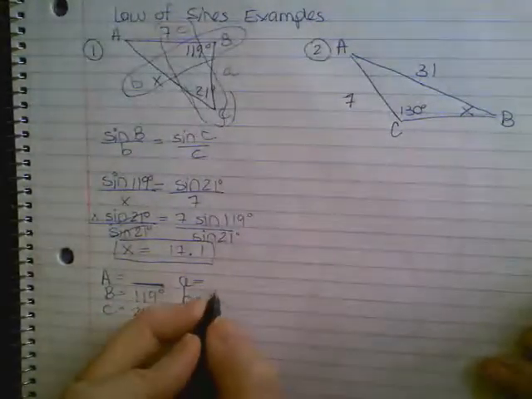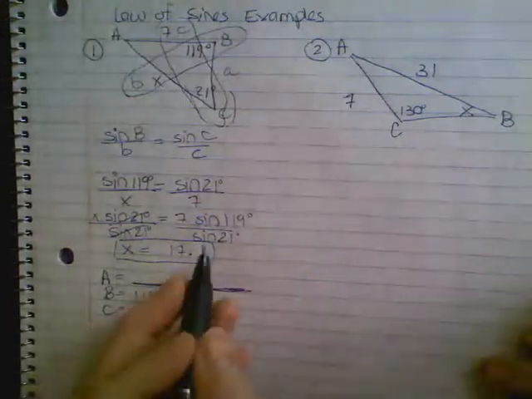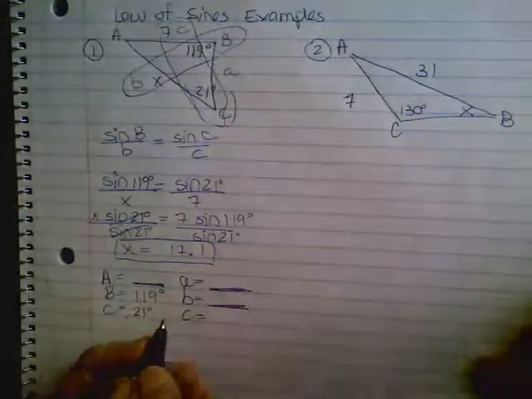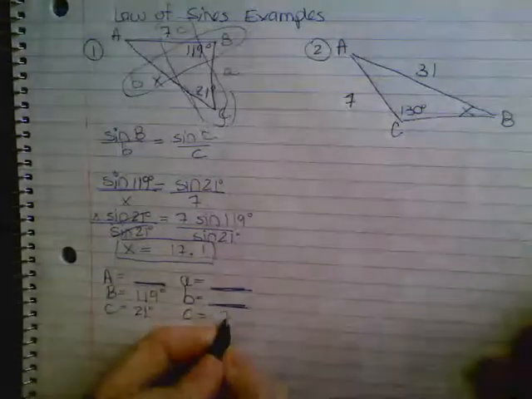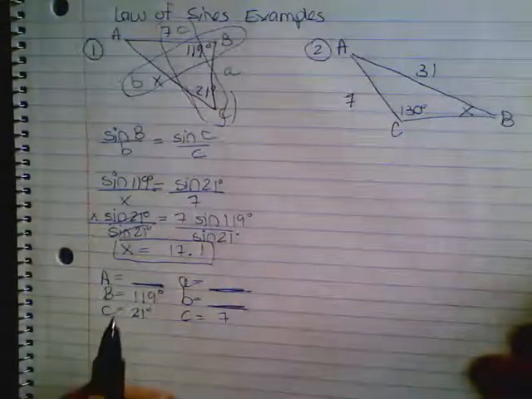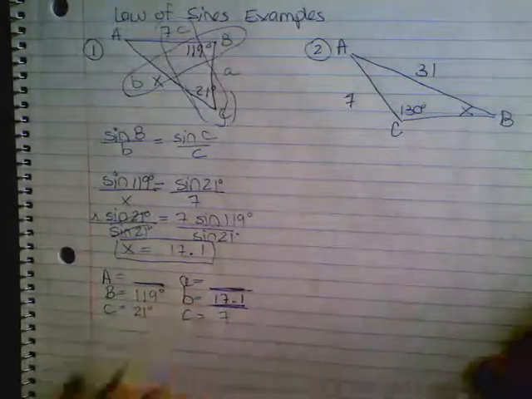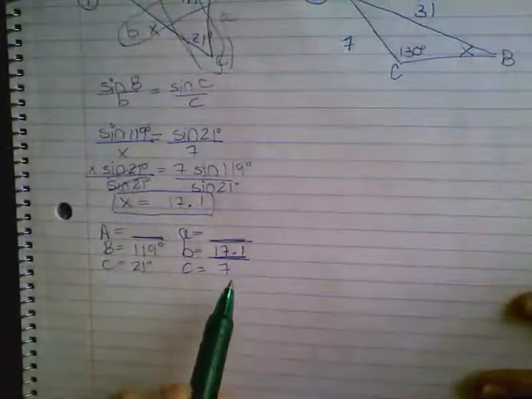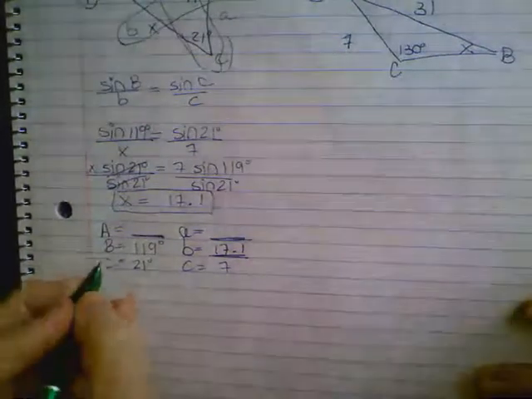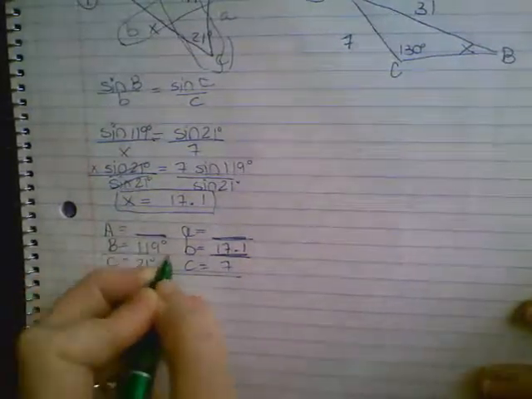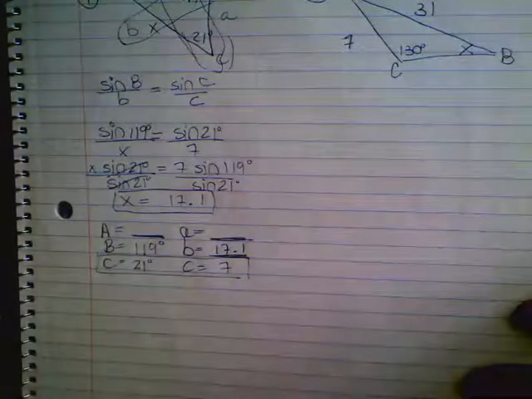Side A, I don't know. Side B, I don't know. Side C was 7. But I just solved for side B. Now I need to solve for A, right? But I'm going to focus on using this C data because it gave me both of them.